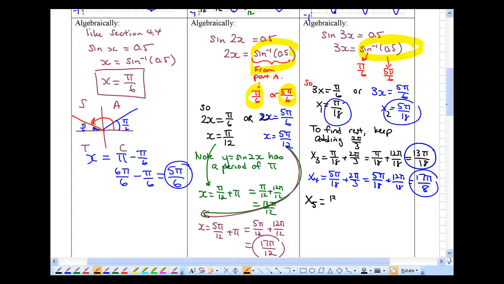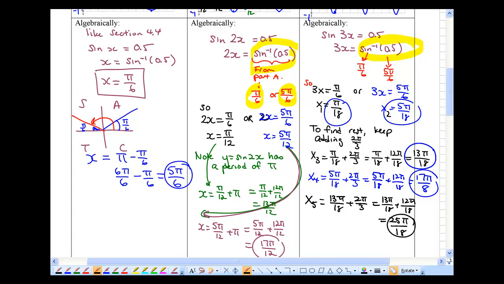x5 would then be, I'm going to take 13 pi over 18 and add 2 pi over 3 to that. Once again, just keep adding the period, right? I'm adding multiples of the period. 13 pi over 18 plus 12 pi over 18 equals 25 pi over 18.